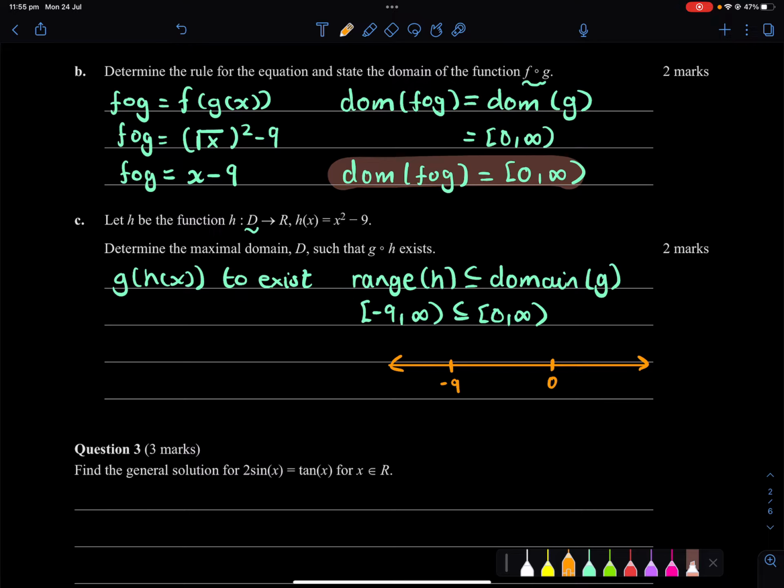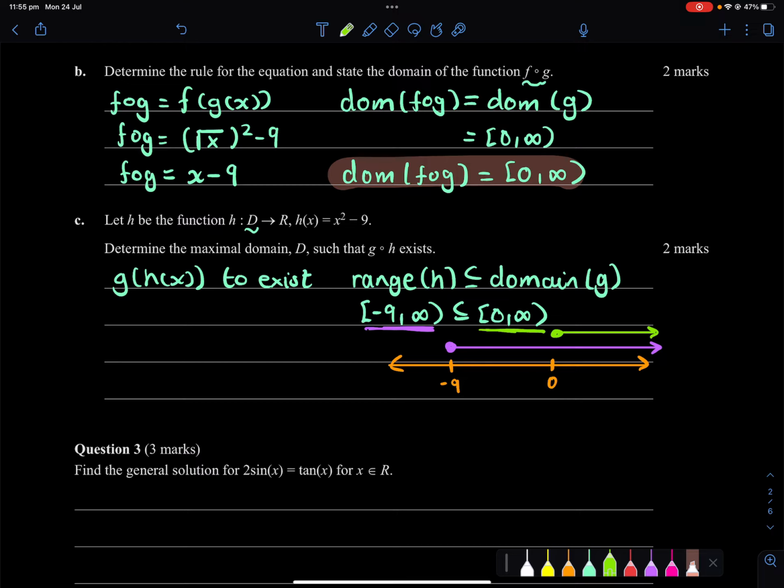Let's say this purple color is for this. So -9 to infinity, inclusive. It goes like this over here. Let's say this green color goes for this over here, which is 0 inclusive to infinity.